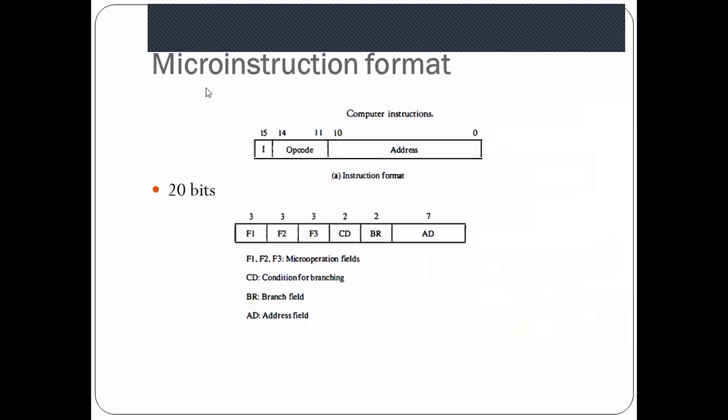So this is the microinstruction format. This is the basic instruction format. Here the 16-bit field is defined in this way. Bits 0 to 10, 11 bits, are dedicated for your address field. So 11 bits means 2 power 11, 2048 memory locations.